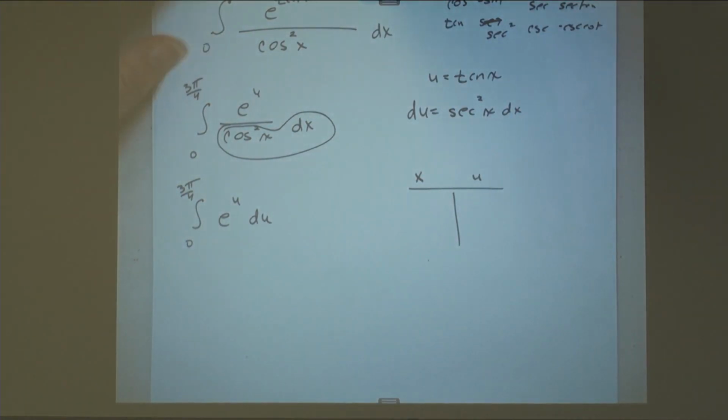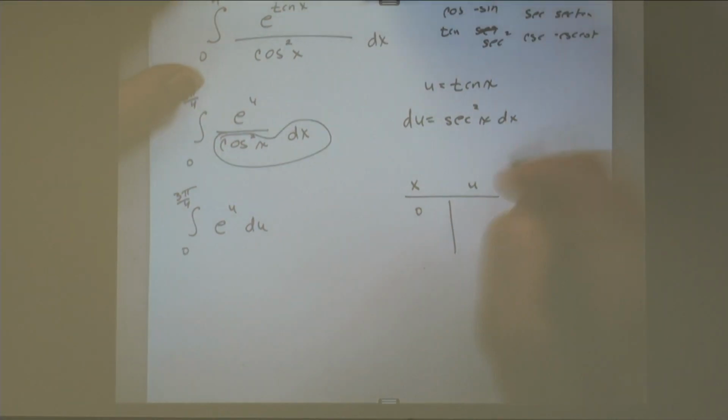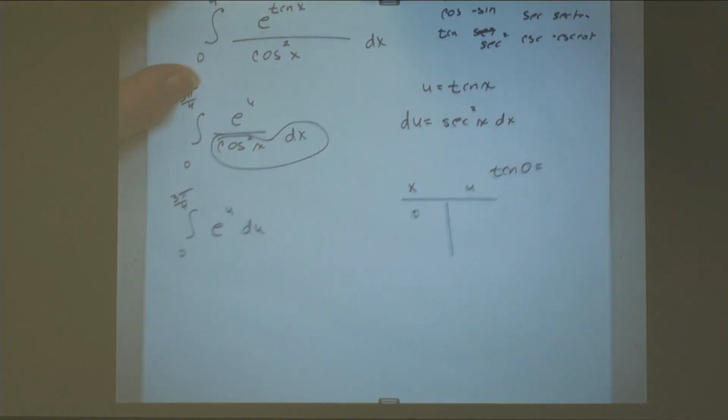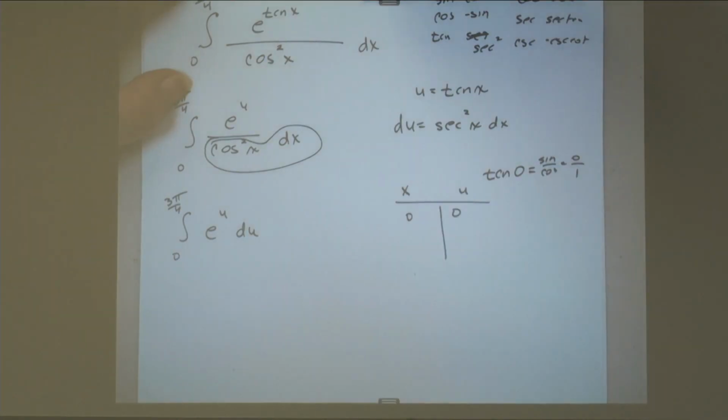My lower limit is 0, and if I run it through the u equation, the tangent of 0 is, remember, I know it's been a long time, sine over cosine. So I have 0 over 1, I have 0.